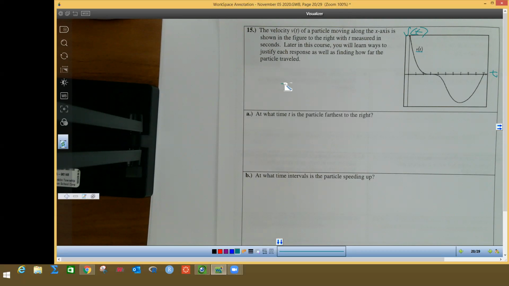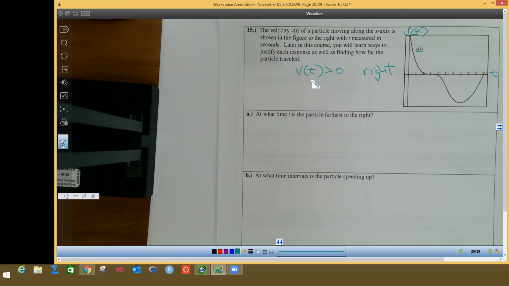So this object is starting somewhere, it's going right, it stops for an instant, and then it starts going left again until it stops again. So what do you know about velocity and moving right and left? What's velocity when an object is moving right? This is in your notes.